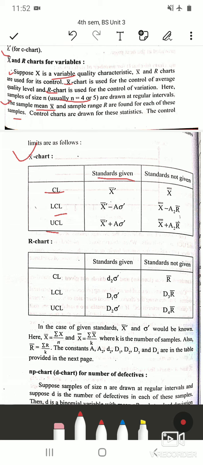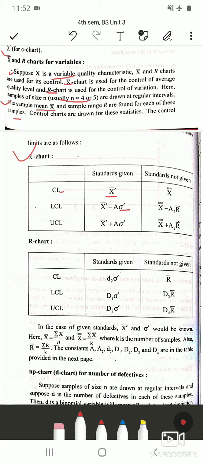You have to remember this table, it is very important. For the X bar chart there are two cases: when the standard is given and when the standard is not given. When the standard is given, X bar dash is the central line, the lower control limit will be minus and the upper control limit will be plus. Here A is also a known value, and X bar dash and sigma dash will also be known.